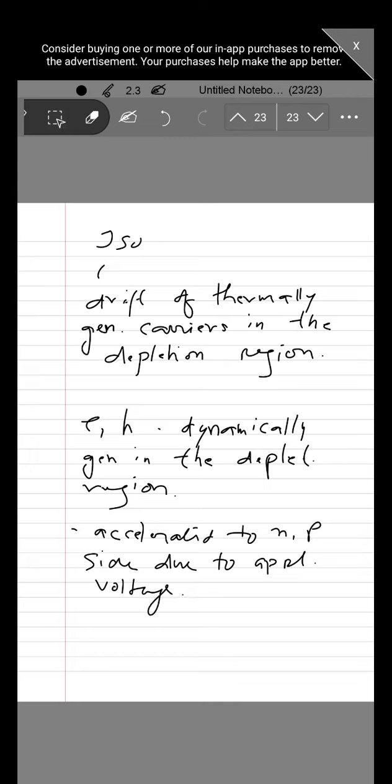And this leads to a small reverse saturation current, also called the drift current.